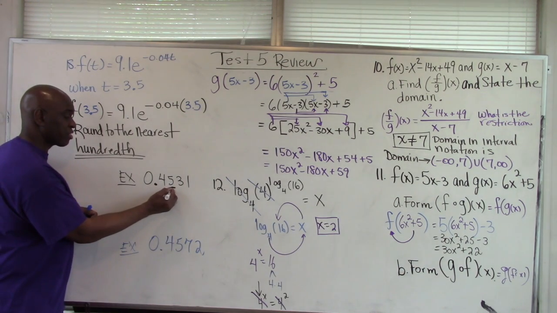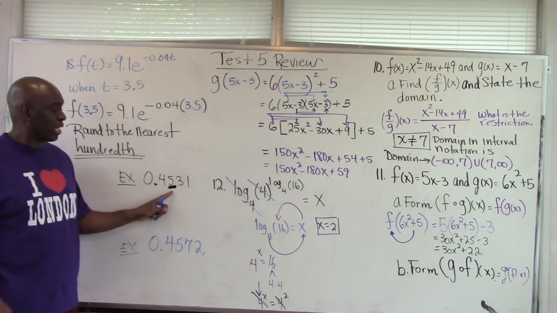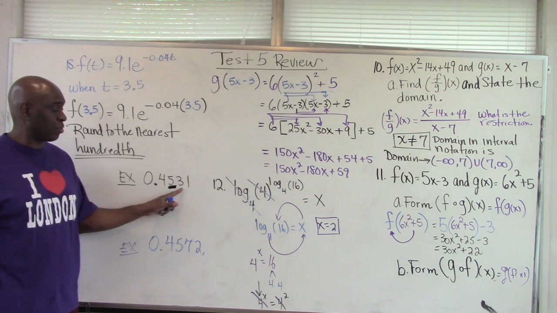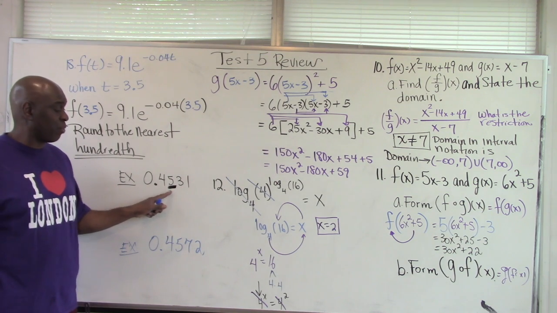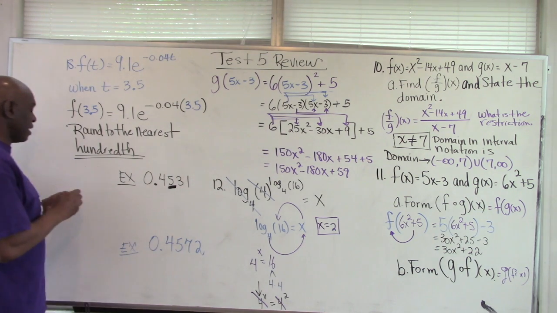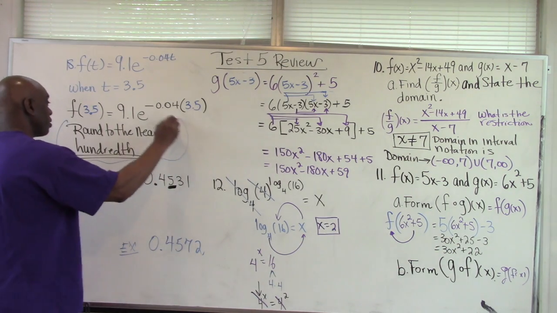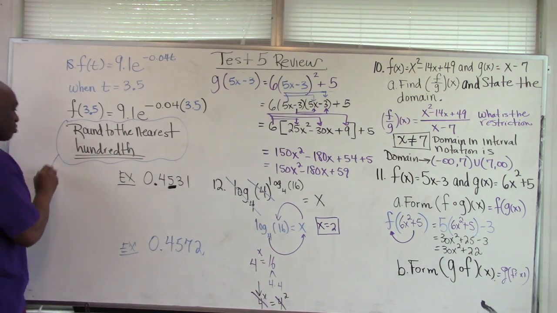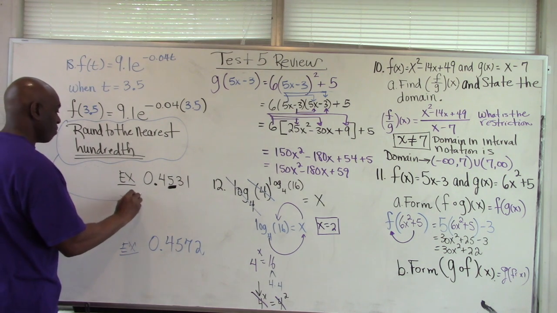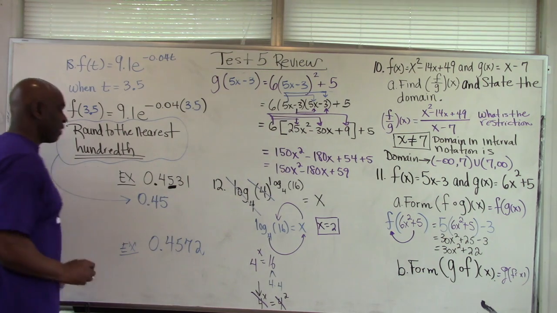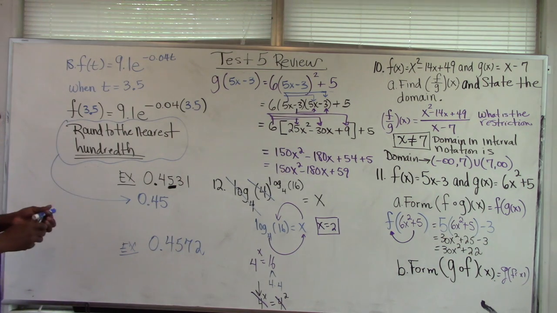Here's my hundredths column. But what I do with this 5 is predicated upon the number to the right of it, 3. 3 says leave the 5 right where it is. So if I round to the nearest hundredths right here, my answer is going to be 0.45.